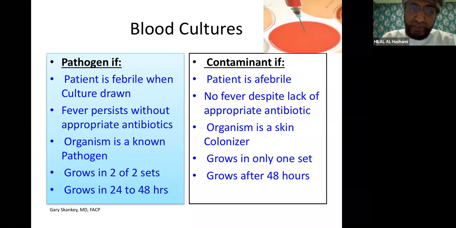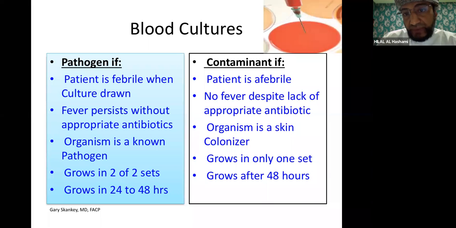For the blood culture, we consider it a pathogen when the patient is febrile when the culture was drawn, or if the fever persists without appropriate antibiotics, which means there is true bacteremia, or the organism is a known pathogen, or it grew in two sets, peripheral and central cultures, or it grew within the first 24 to 48 hours.